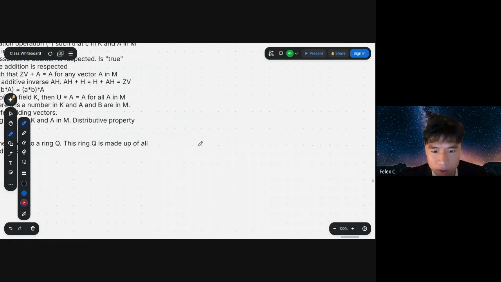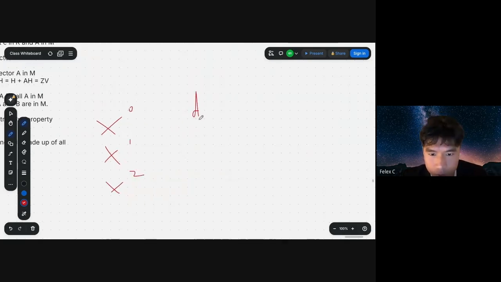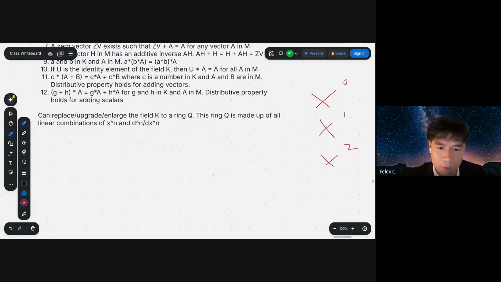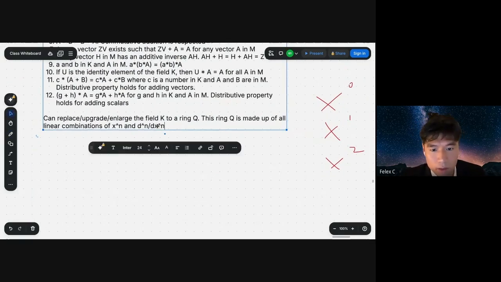So it's made up of x^0, x^1, x^2, etc., also made up of d/dx, d^2/dx^2, so a bunch of derivative operators as well.